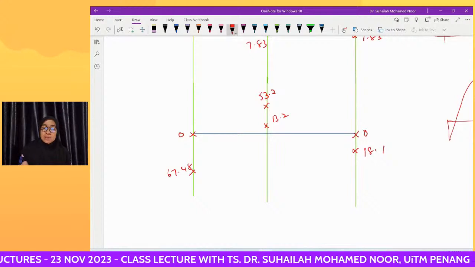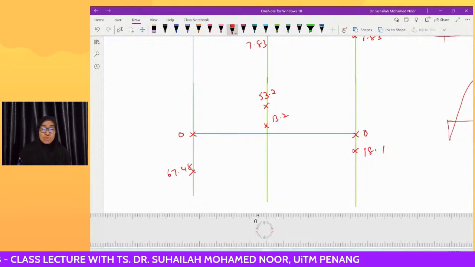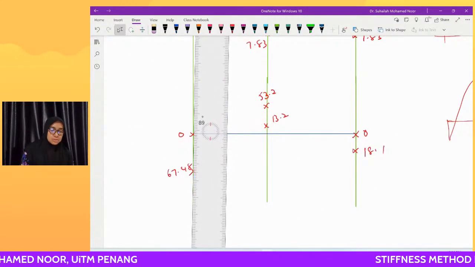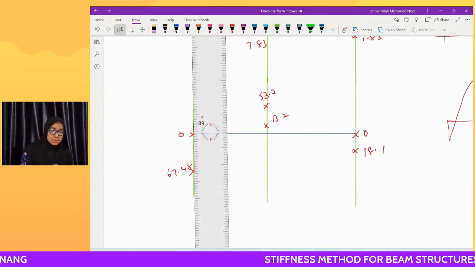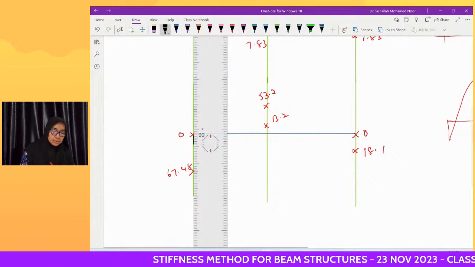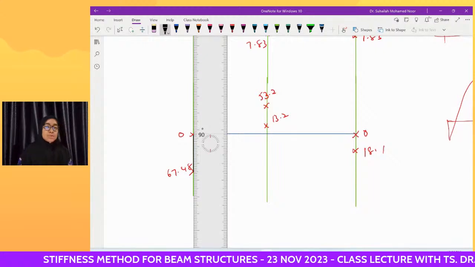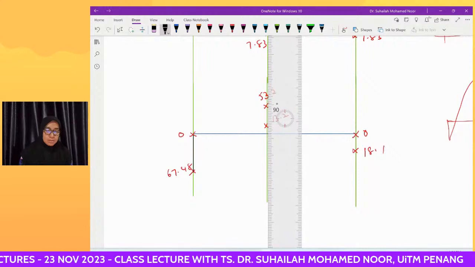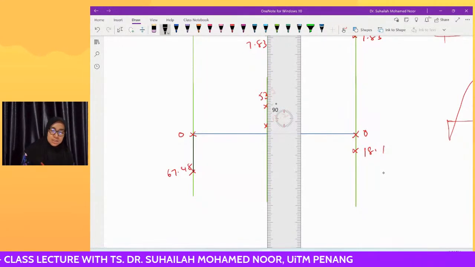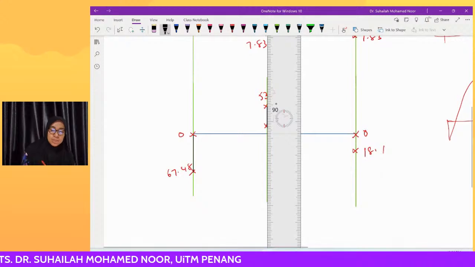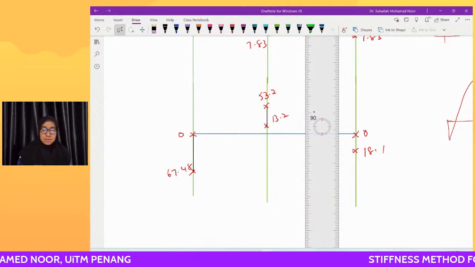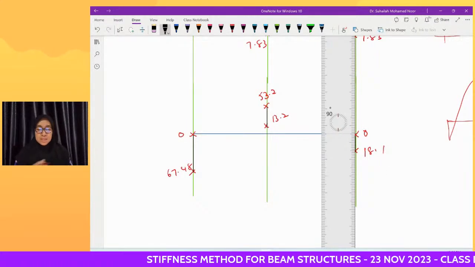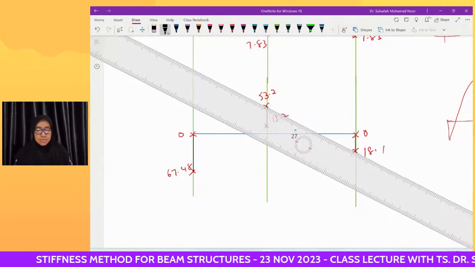Okay, then we draw the diagram. For A, this is B, C. This is a straight line.